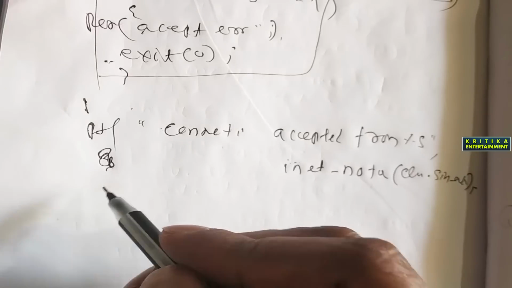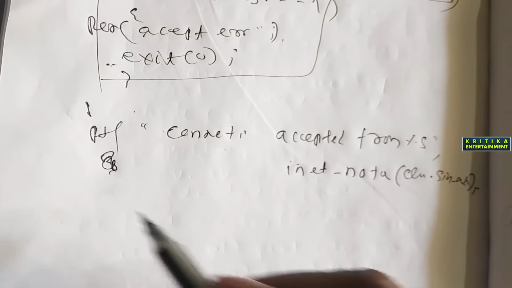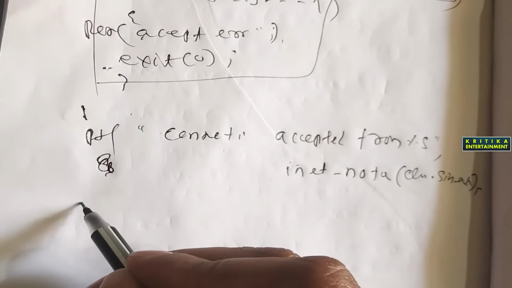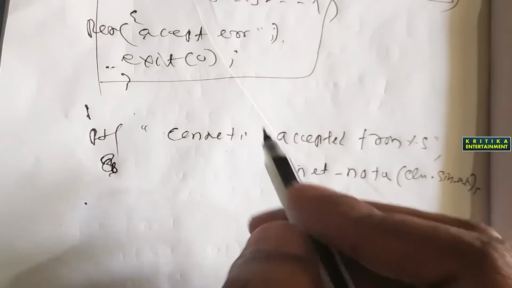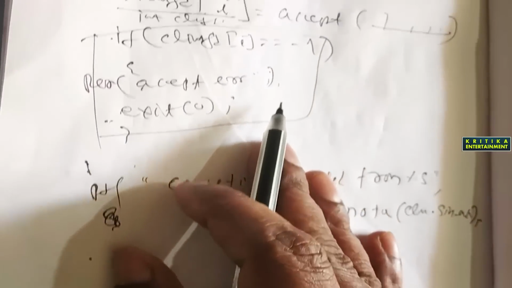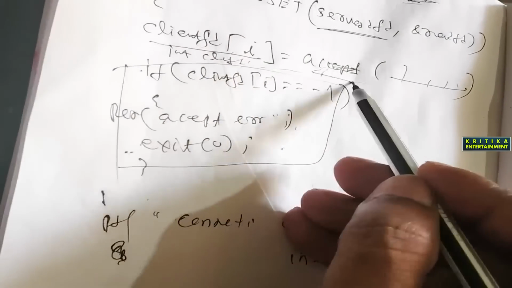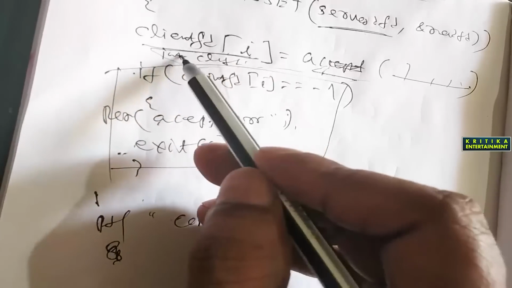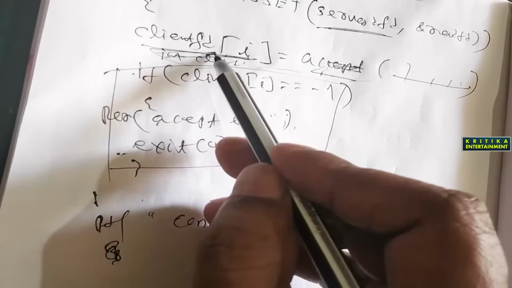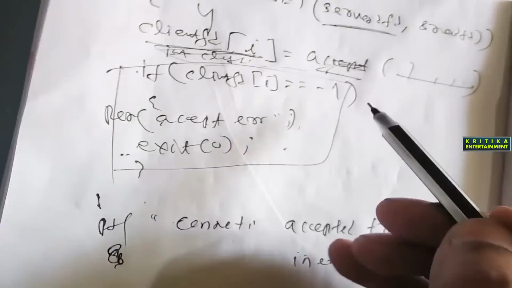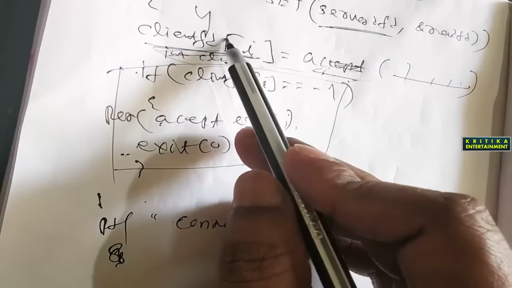Then, what does accept function return? It returns the client FD. That means it should return 4, because socket returned 3.